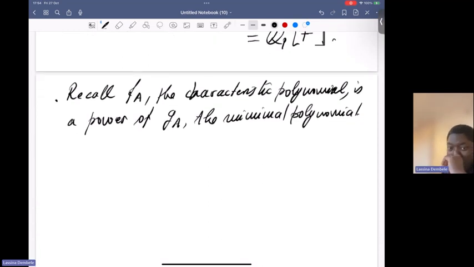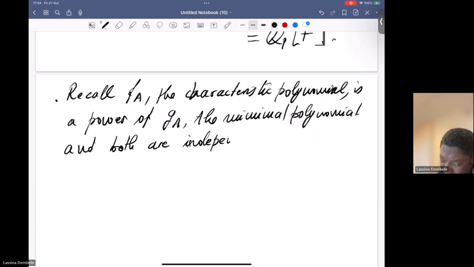And not only that, we know that both of these are independent of L and P. I mean, when you view them as acting on the Tate module, they are independent.